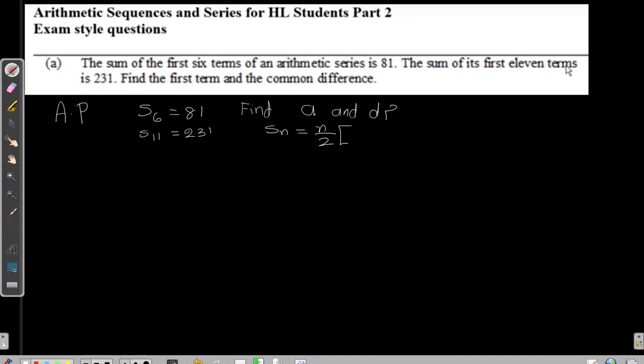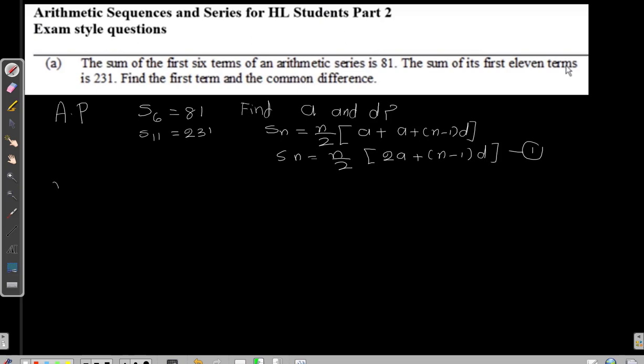The first term is a, and the nth term is a plus n minus 1 times d. I prefer this formula: if you simplify, it's the same as n over 2 times 2a plus n minus 1 times d, where d is the common difference. We're going to use this formula, which I call formula 1, and substitute.